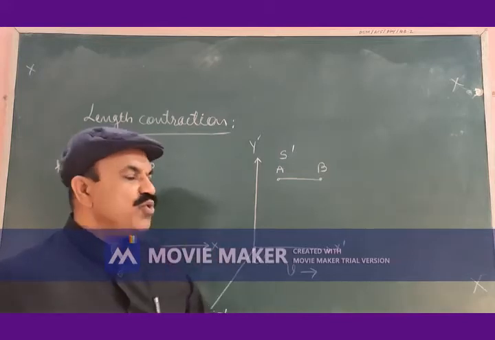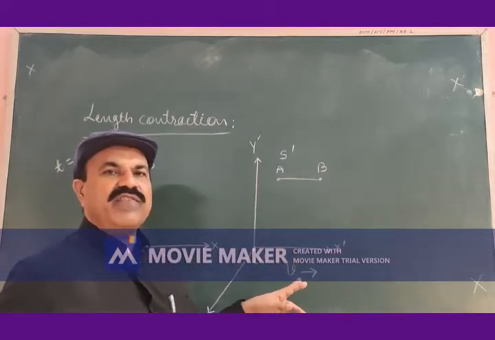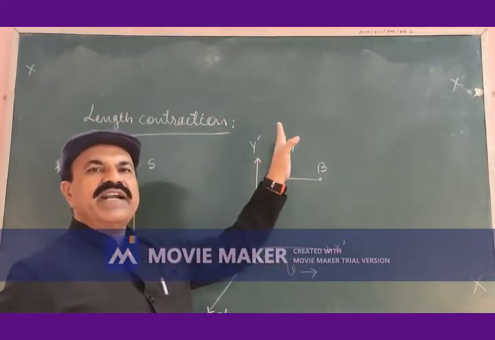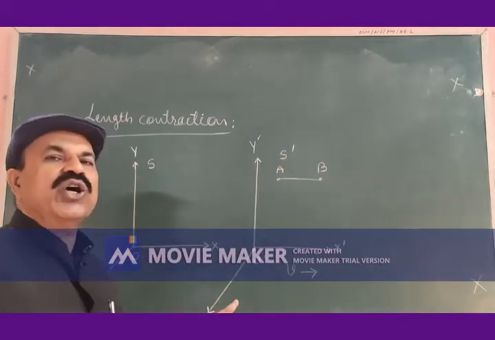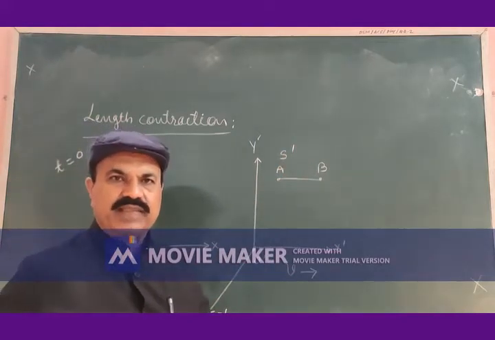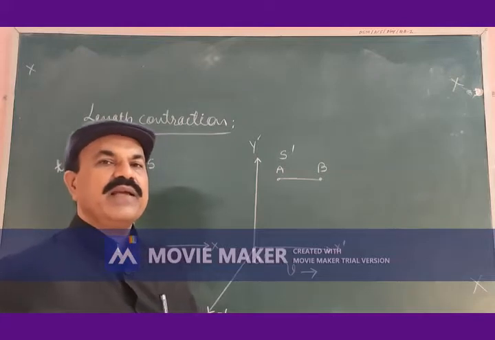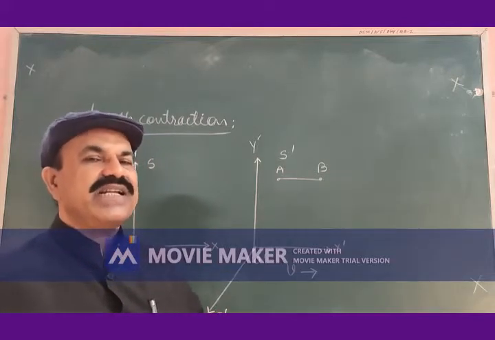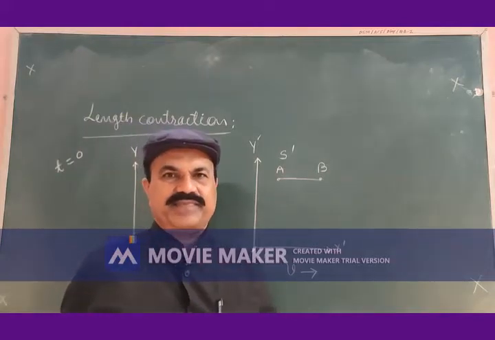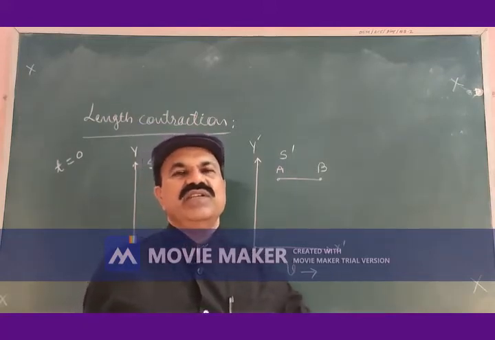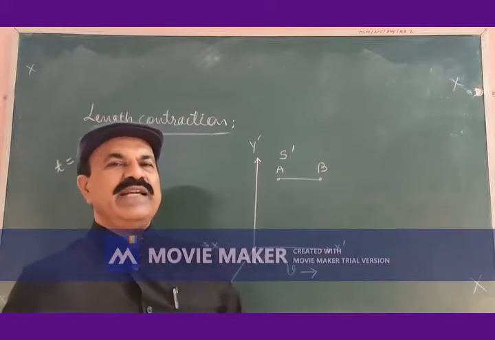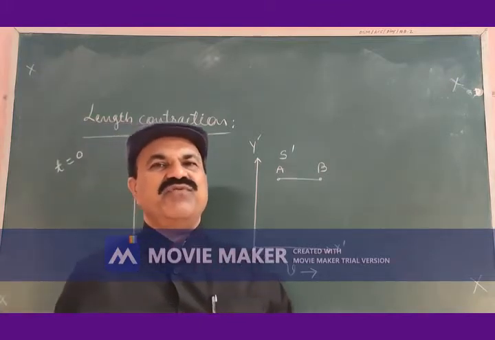There is no motion of second frame of reference along y direction and along z direction, and therefore according to Lorentz transformations, we always have y is equal to y prime and y prime is equal to y.